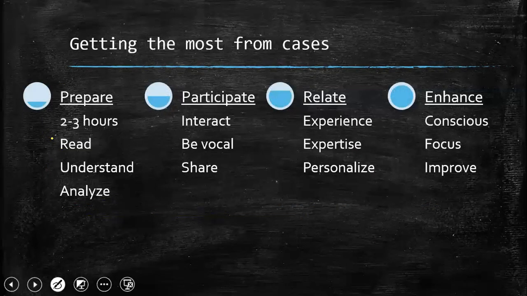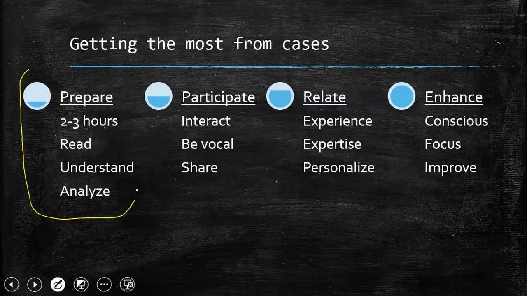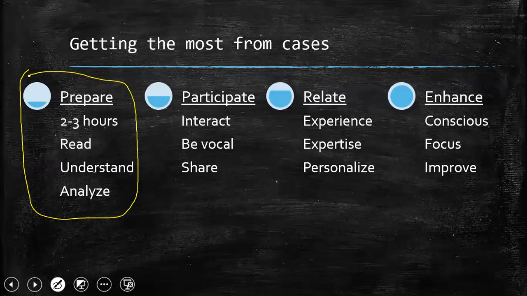So how do you get the most from cases? A couple things to remember. One is just plan on spending some time preparing. It's going to be 2 to 3 hours per case. When you get these cases, they may be a couple of pages, they may be a lot of pages, but plan to spend a couple of hours at least on the whole thing, just absorbing the information, thinking about it, and preparing your response to the information in those cases.